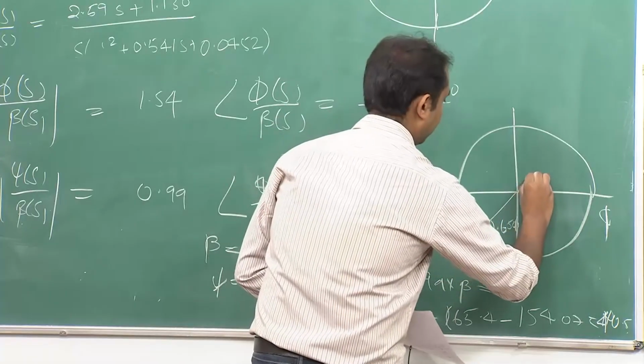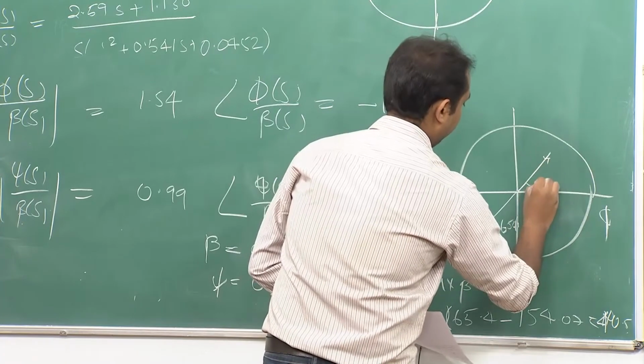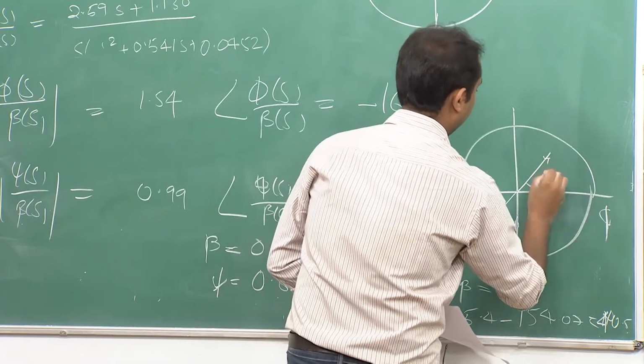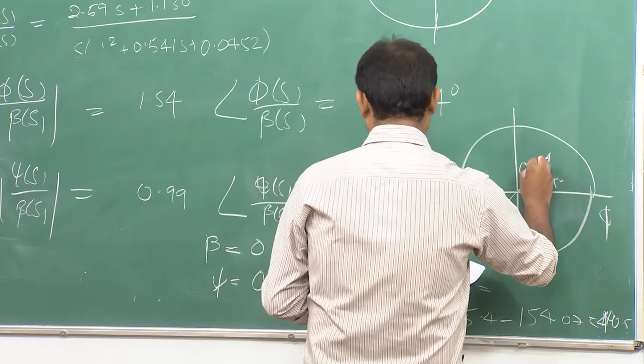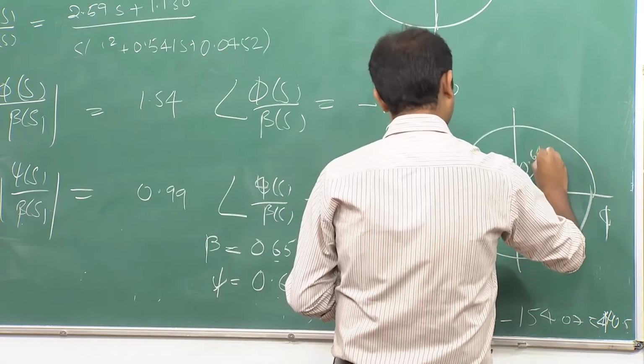So this will be 40.53 degree and your magnitude will be 0.645.